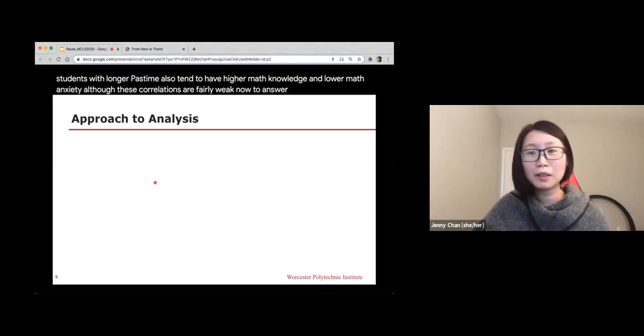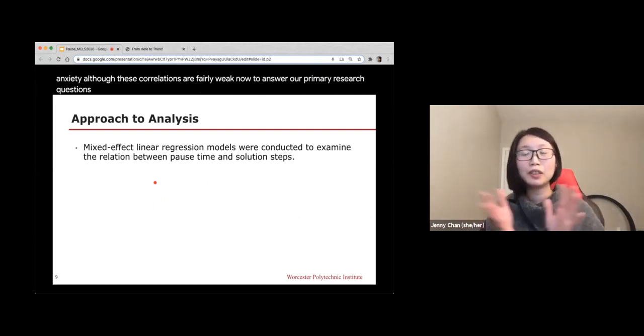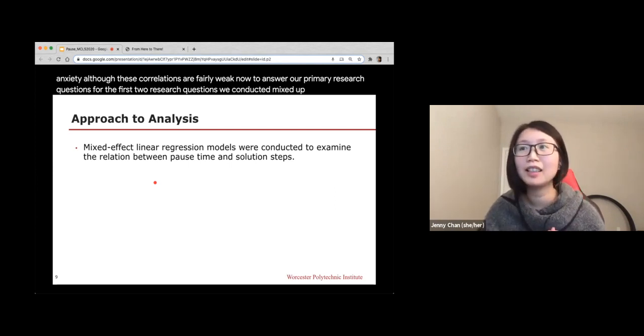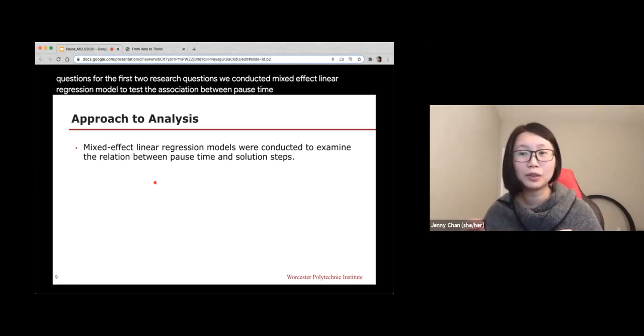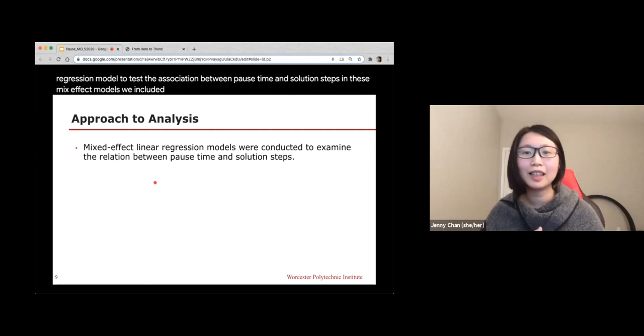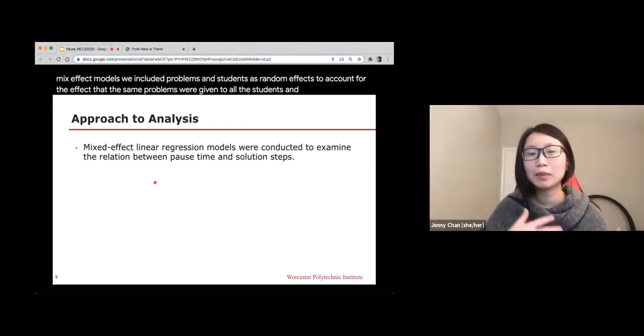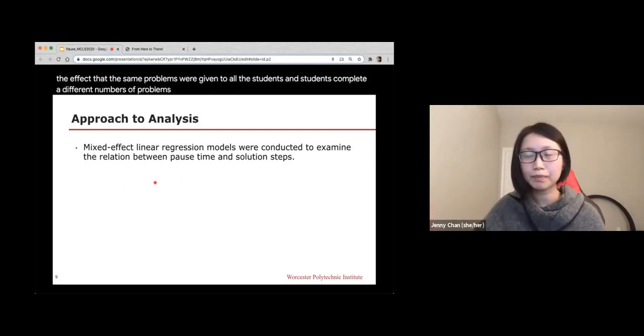Now, to answer our primary research questions, for the first two research questions, we conducted a mixed effect linear regression model to test the association between pause time and solution steps. In these mixed effect models, we included problems and students as random effects to account for the fact that the same problems were given to all the students and students completed different numbers of problems.